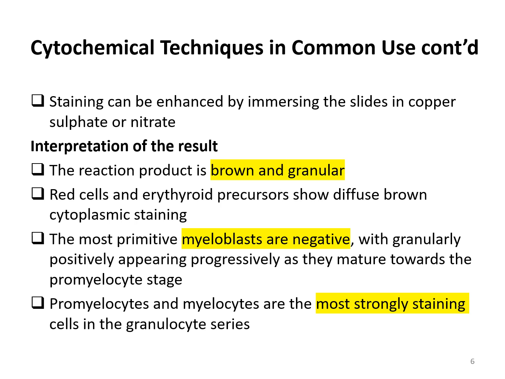Red cells and erythroid precursors will show diffuse brown cytoplasmic staining; later we can see that. The most primitive myeloblasts are negative, with granules appearing progressively as they mature towards the promyelocyte stage. So slowly they become positive. Promyelocytes and myelocytes are the most strongly staining cells in this series.